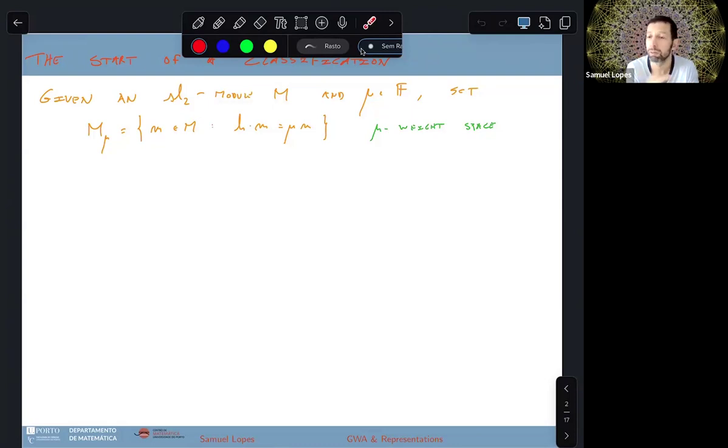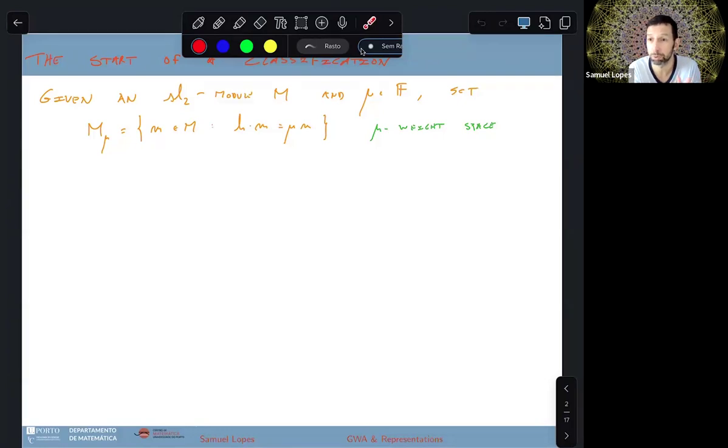This can be 0 or it can be non-zero. There might be eigenvectors or there might not be eigenvectors. Traditionally we call this a weight space, and we think of these eigenvalues as weights. In the representations that we constructed, we could always find a basis for the representation in which the action was diagonalizable.